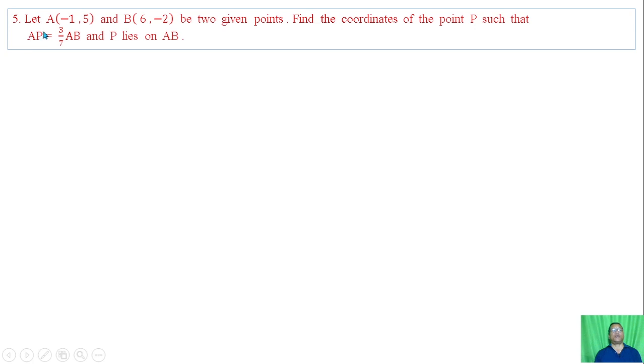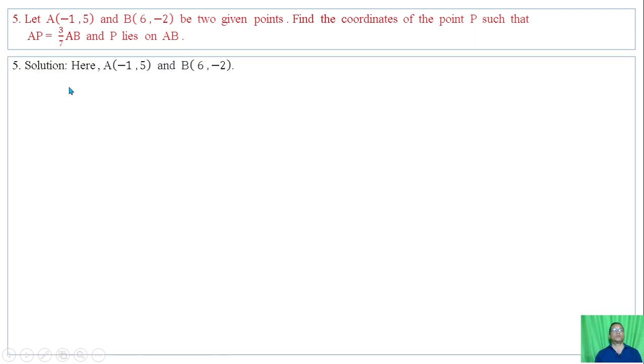Question 5. Let A, whose coordinates are (-1, 5), and B, whose coordinates are (6, -2), be two given points. Find the coordinates of the point P such that AP is equal to 3 by 7 of AB and P lies on AB. Here A is (-1, 5), B is (6, -2).